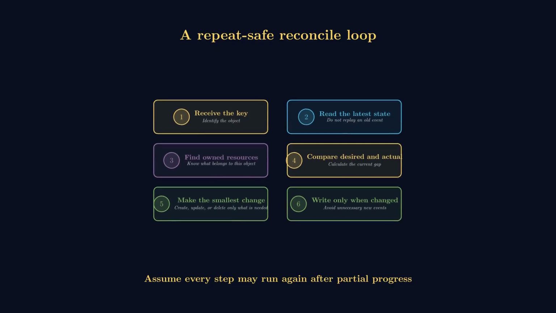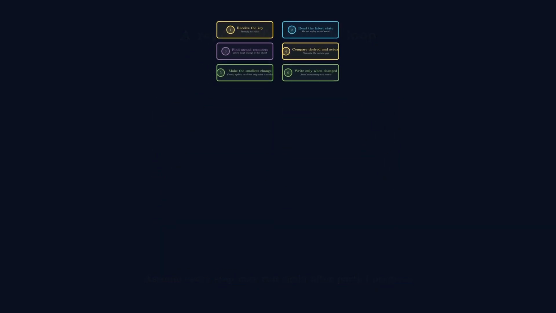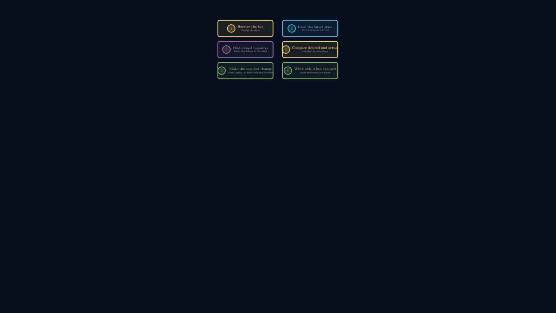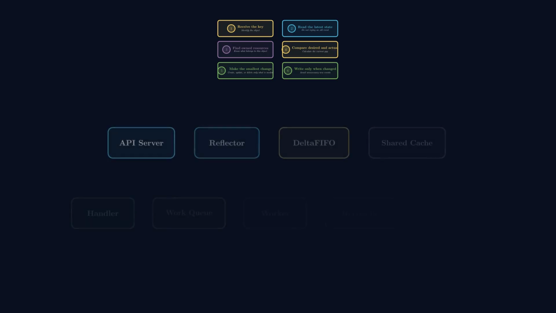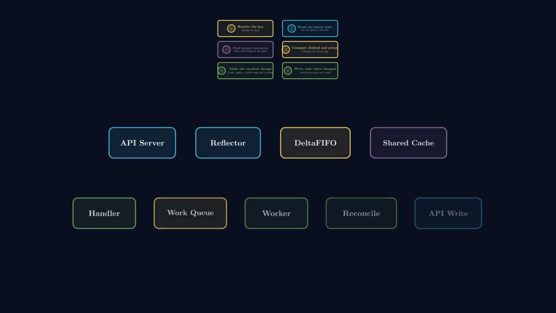We can now see how all the pieces work together. First, a change is saved through the API server. The reflector notices that change and passes it into the informer. The informer updates its local cache so it has the latest view of the cluster. Delta FIFO keeps the incoming changes in the correct order while this happens.